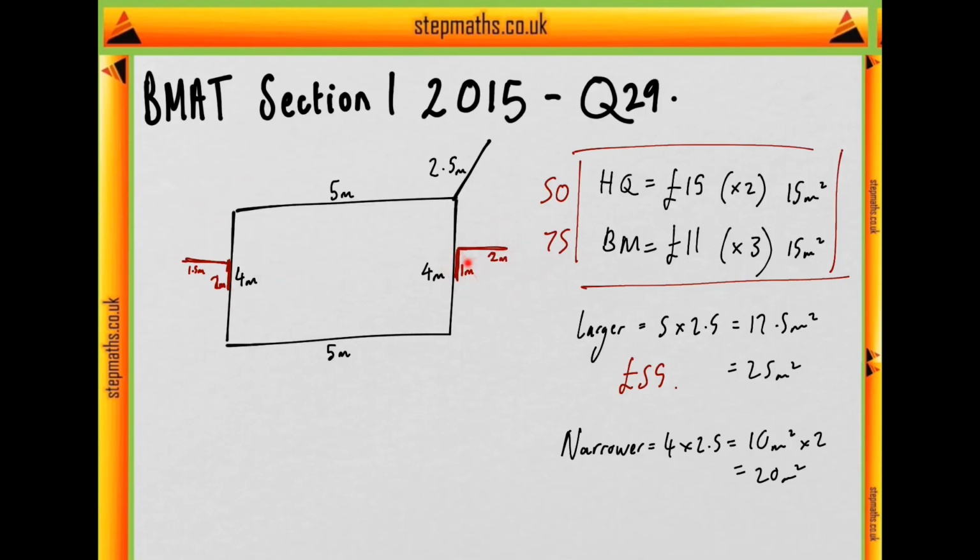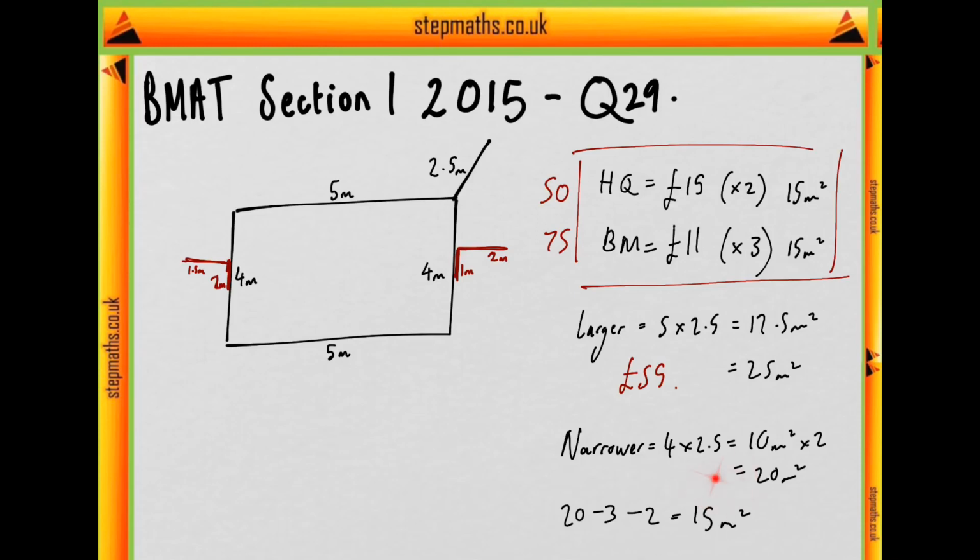So the window is 2 metres wide by 1.5 metres high, I believe. Yes, that's correct. So 2 times 1.5 is 3, so 20 minus 3, and also minus 1 metre times 2 metres, which is 2, which gives us a total of 15 metres squared, the exact amount that each tin of paint covers.